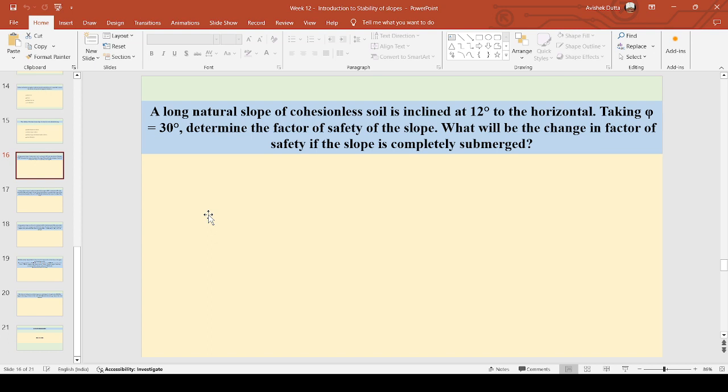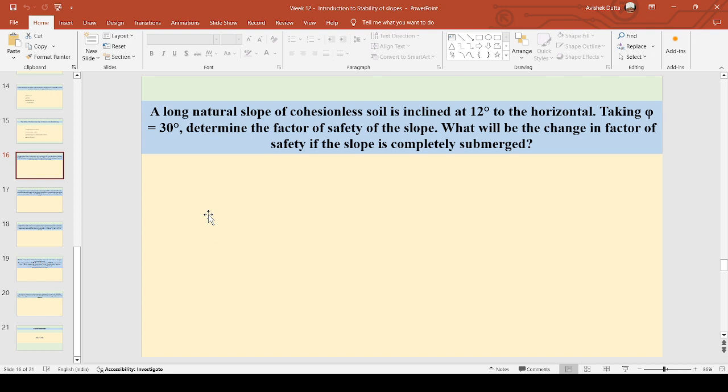I'll repeat the question once. A long natural slope of cohesionless soil is inclined at 12 degree to the horizontal. Taking phi equals 30 degree, determine the factor of safety of the slope. What will be the change in factor of safety if the slope is completely submerged?